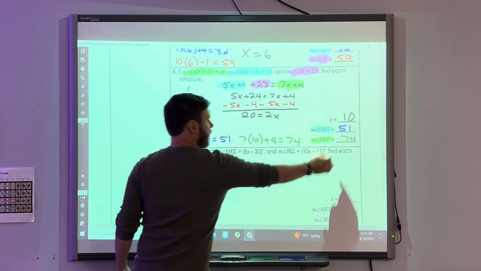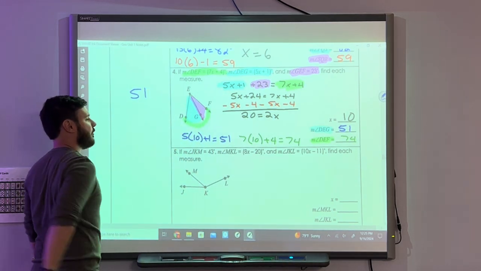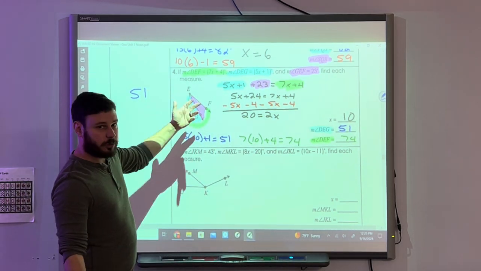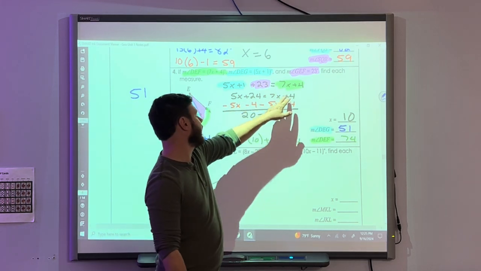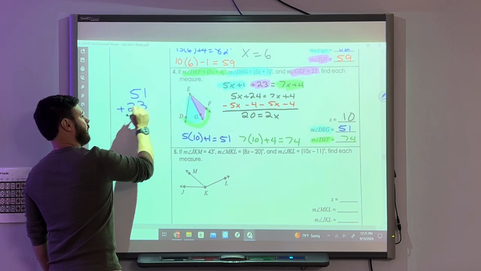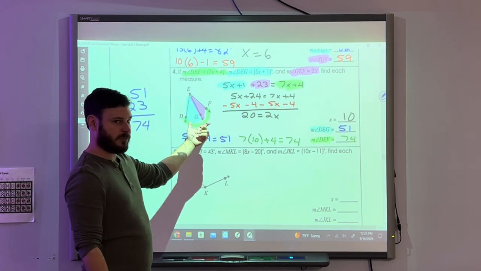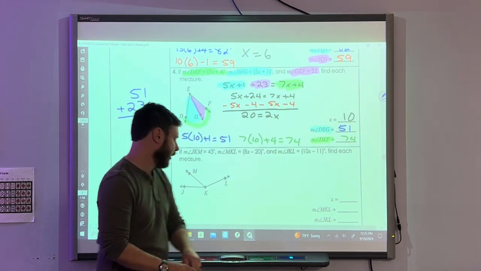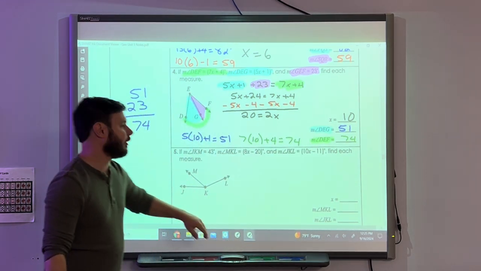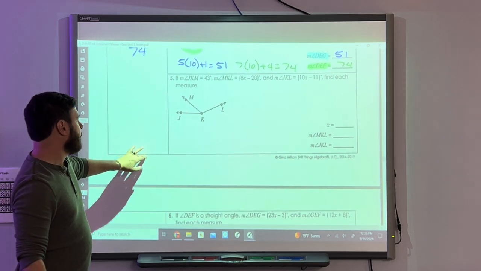I knew the blue because I just figured it out. It was 51. I had to do the algebra for that bit. But I also could have just gone up to the problem and said, hey, it told me that the purple part was already 23. It would have told me that all of it together, the green, would be 74. So you don't have to do the algebra all the time, as long as you understand what's going on. Okay.